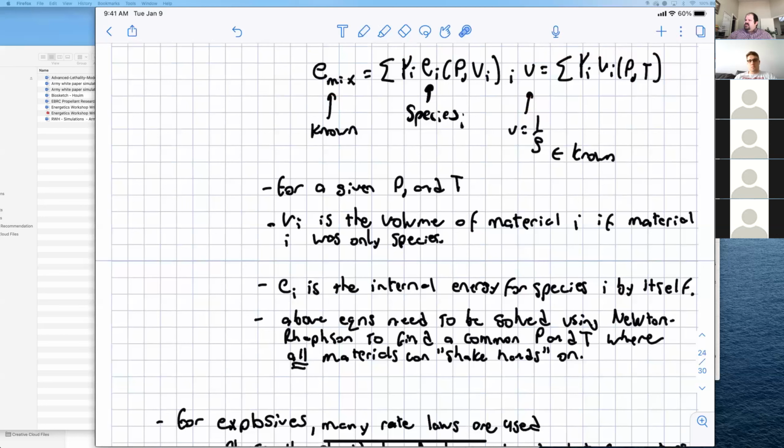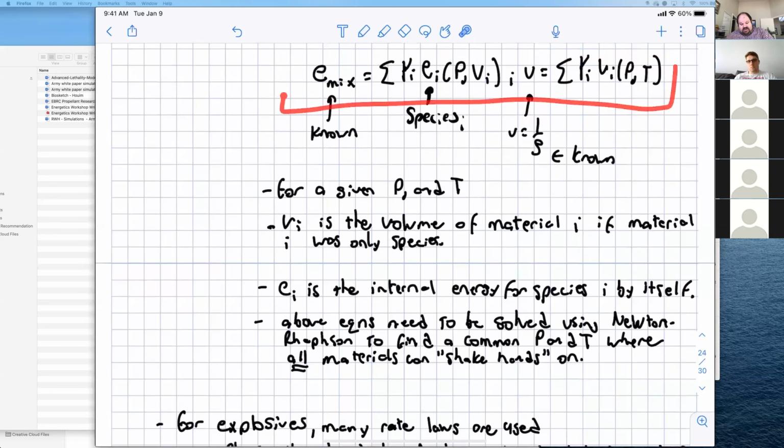So this PT equilibration is a very expensive computation. And when a blast code breaks, it is normally during this step. It's challenging enough if you have 2 different materials. If you have 4 or 5 materials, it gets really complicated.